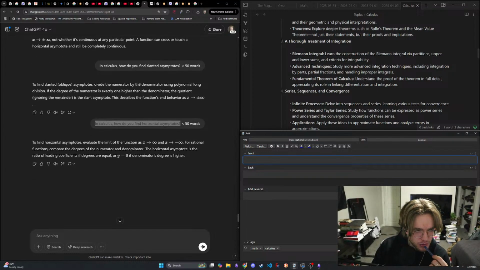Divide the numerator by the denominator using polynomial long division. If the degree of the numerator is exactly one higher than the denominator, the quotient, ignoring the remainder, is the slant asymptote. This describes the function's end behavior as x approaches positive or negative infinity.